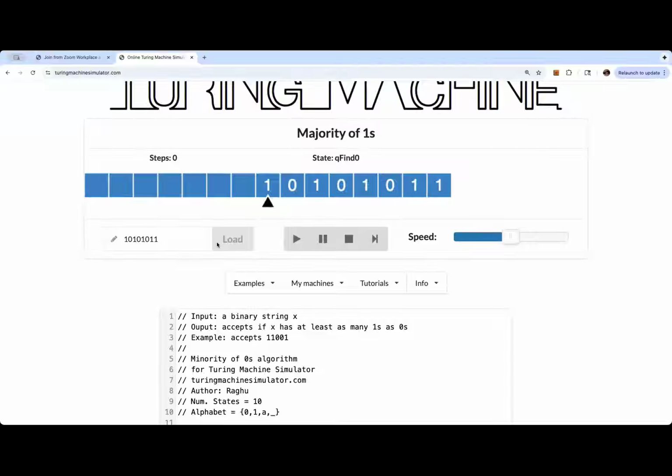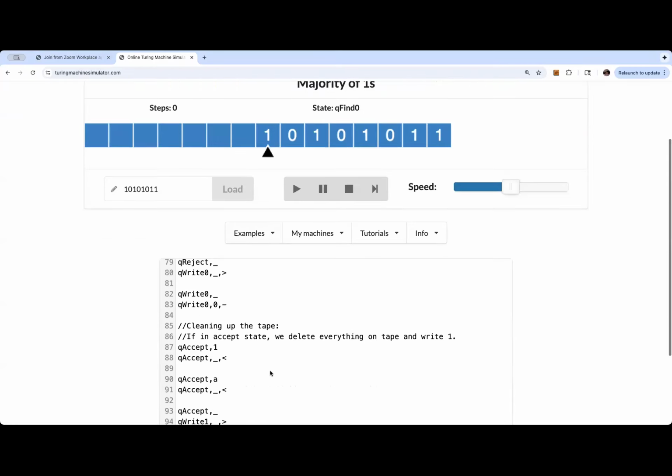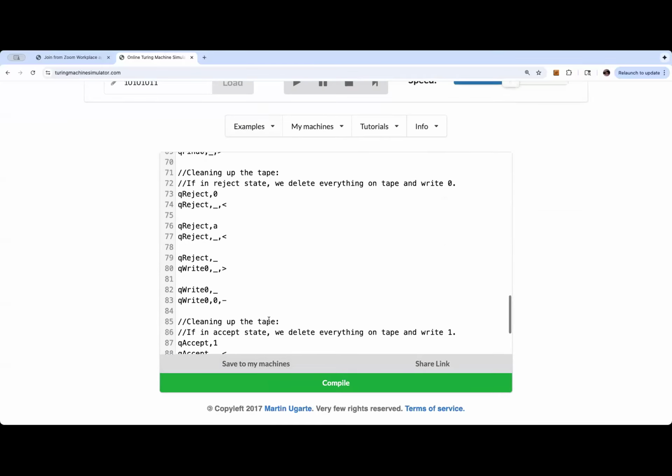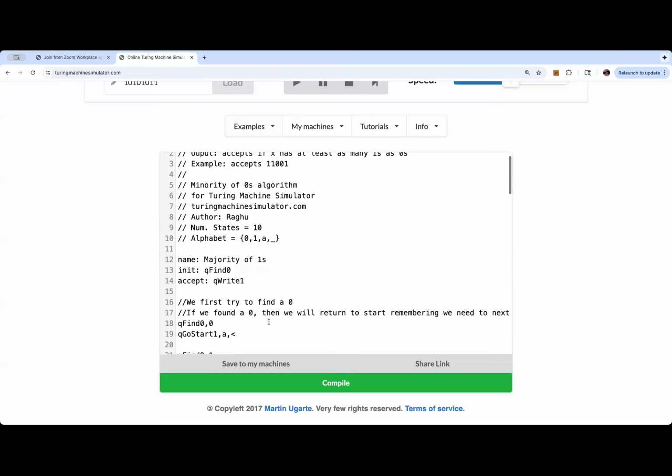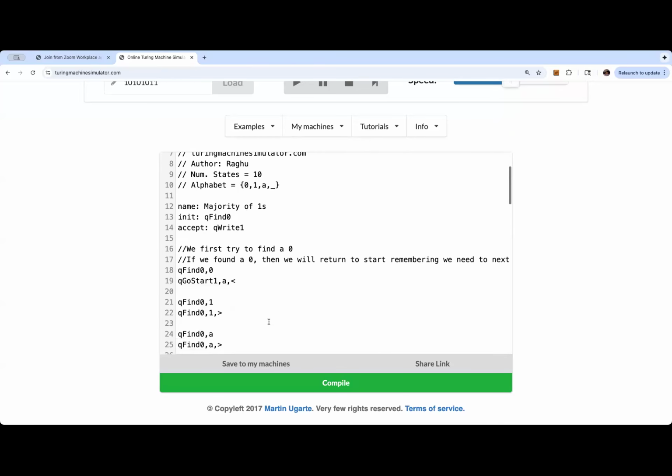I'm going to show some machine that I coded up. So this is the entire transition diagram. It's a little bit tedious, but we can make it modular and figure it out. As I said, it's even lower level than assembly level coding. That's what a Turing machine is, the most primitive form. The number of states that I have is 10. The alphabet is basically 0, 1.